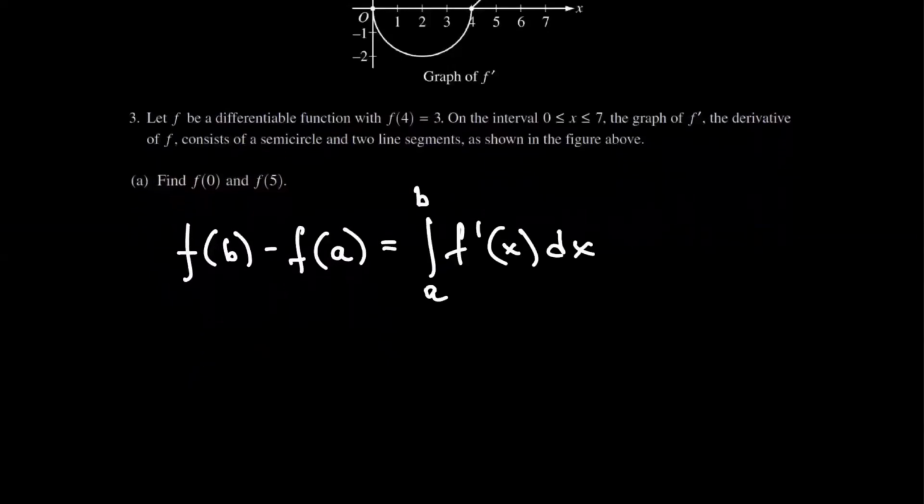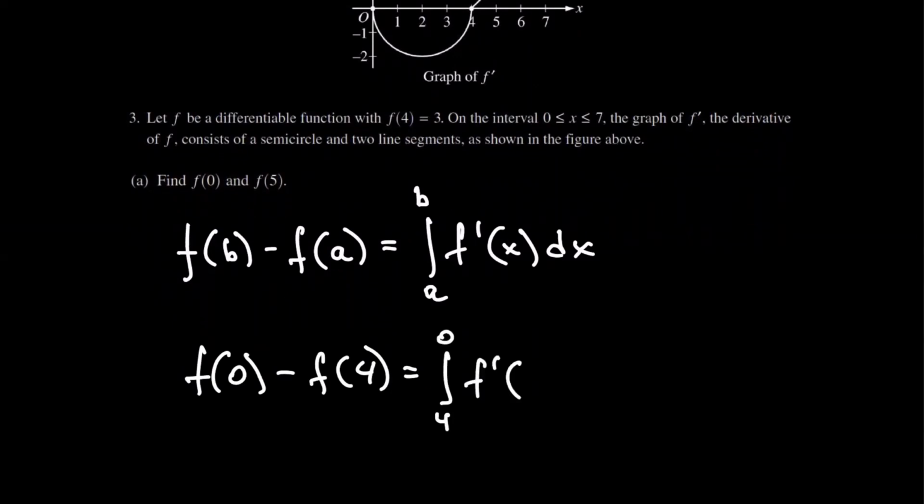And so we get f of 0 minus f of 4 equals the integral from 4 to 0 of f prime of x dx. And note here, it doesn't matter whether b is greater than a or a is greater than b. This formula works, but we just need to make sure that the corresponding endpoint is the same. So 4 corresponds to 4 here, and then 0 corresponds to 0 here.